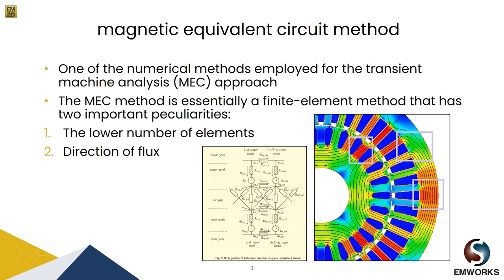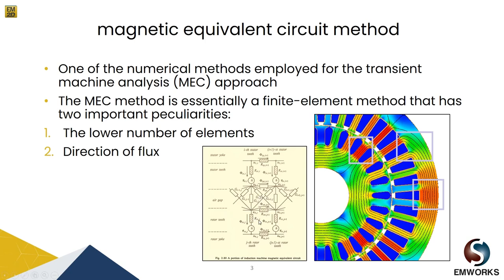But in the magnetic equivalence circuit, the number of elements is low, and we can solve the system of equations faster with a lower resolution, with a lower precision. But the results are still good enough. The second difference is the directional flux, right?